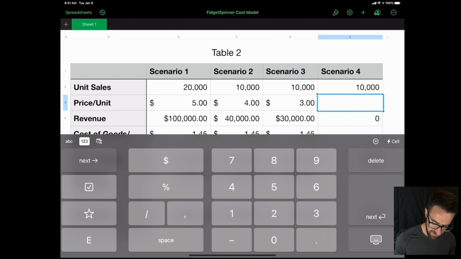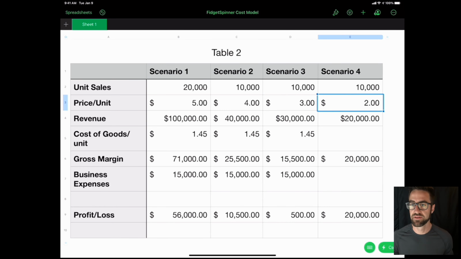let's see what happens. So your competitor, you find out, is actually a toy reseller, and they sell hundreds of different toys, and they don't rely on one product to make all their money.